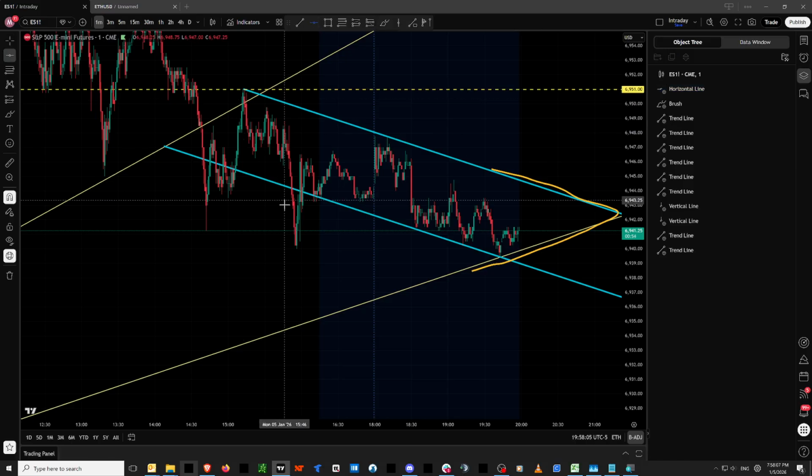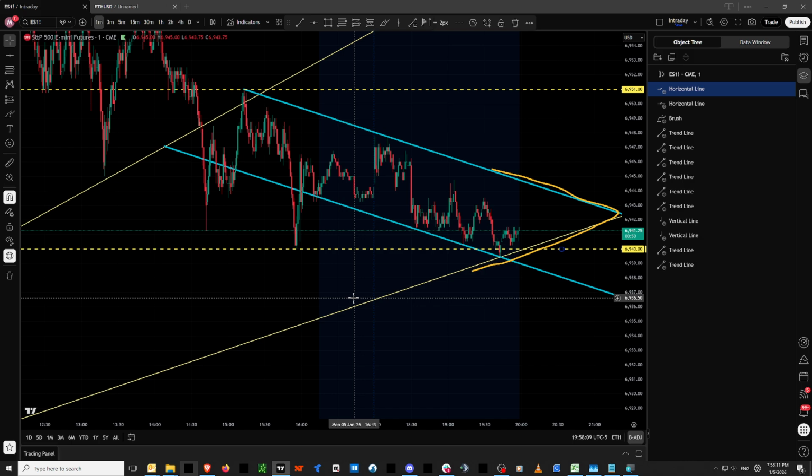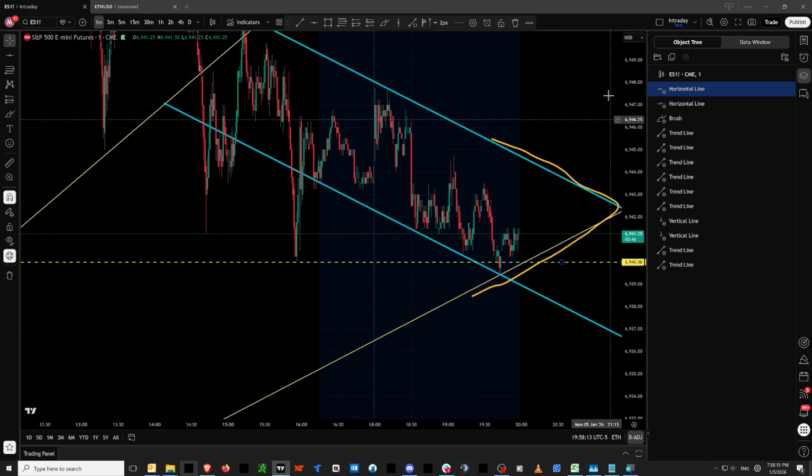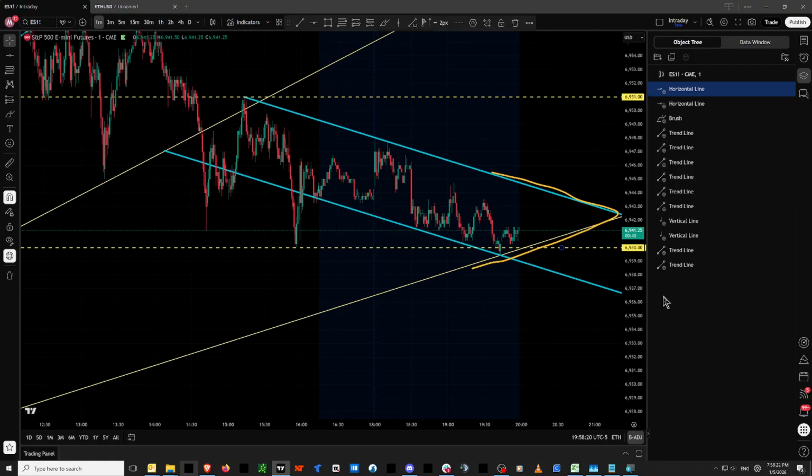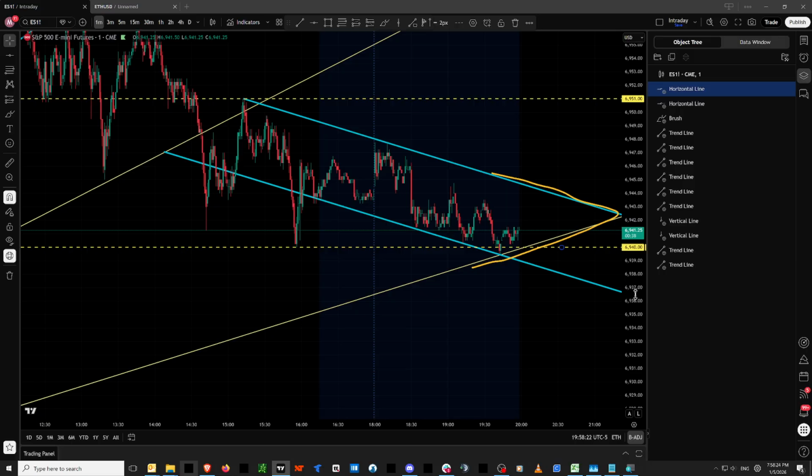That's the high that it's got to break to get out of the box. This is the low it's got to break to get out of the box. You can see it did stick a toe out right there and went back inside the box. So it's not ready to go outside that box yet. But to get a move on, it's got to get out above this or below this with a close, not just a toe, a good close.